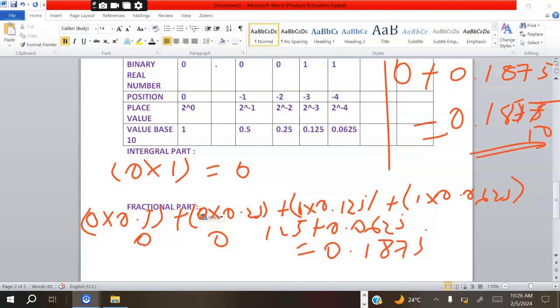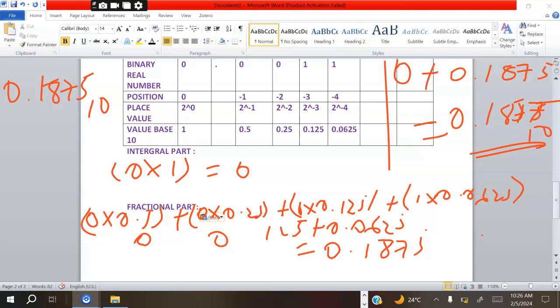So this is the final answer. The final answer here is 0.1875 base 10. So that's the answer for this particular question.